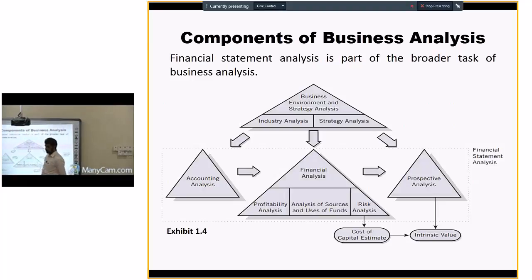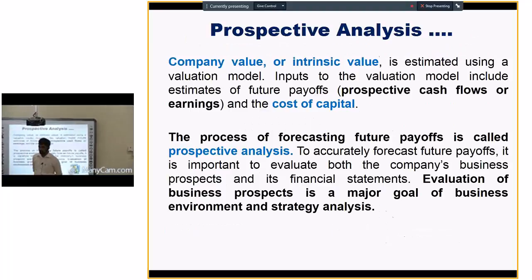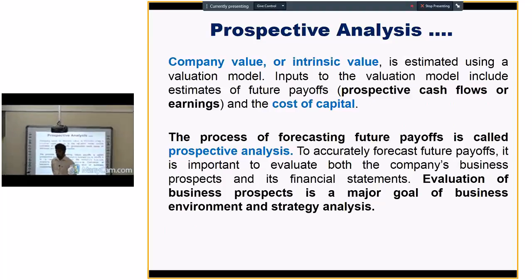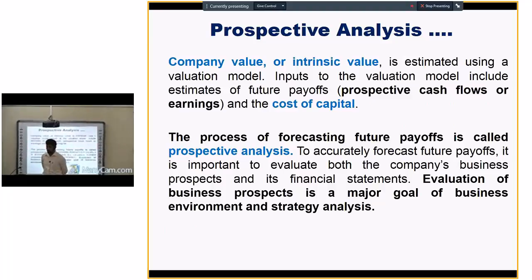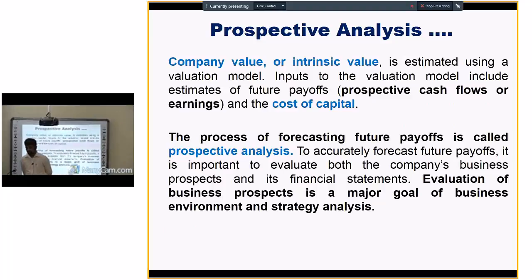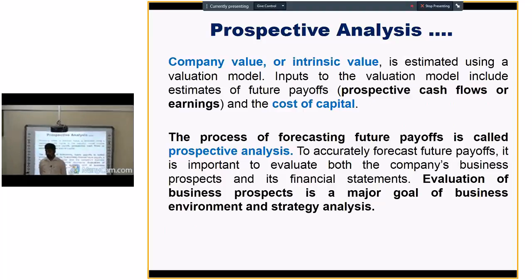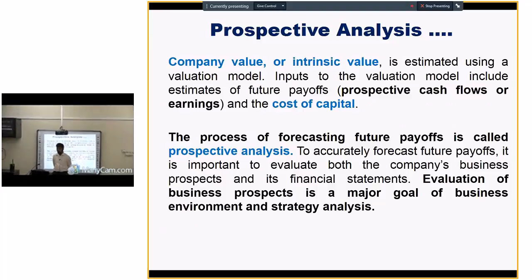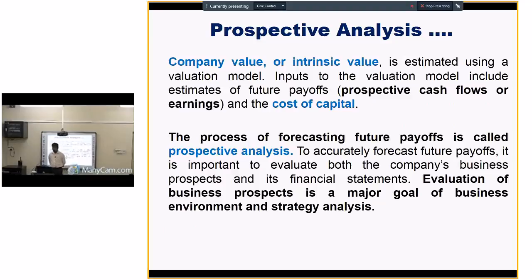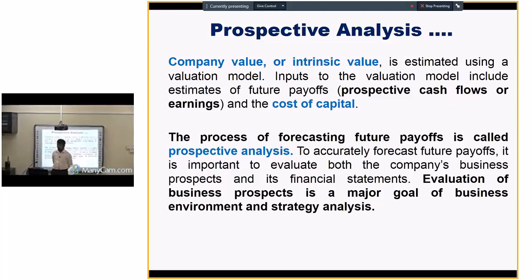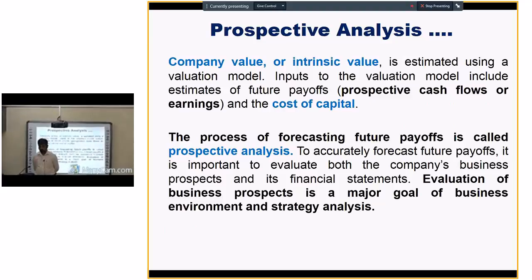If we go to prospective analysis, company value, so intrinsic value is estimated using a valuation model. Inputs to the valuation model include estimates of future payoffs, that means cash outflows and inflows, prospective cash flows or earnings, and cost of capital, the estimated cost of capital.